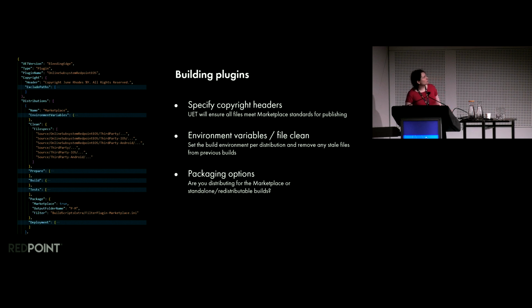Particularly of note because the marketplace requires the year, and going and updating every file in your repository just to change the year is kind of a bit redundant. So we can just do this on package instead. And then there's extra things like setting environment variables or cleaning files in the workspace. And you can also set the packaging options because you can distribute a plugin for the marketplace or as a standalone plugin that people can install. And those options just let you control that.